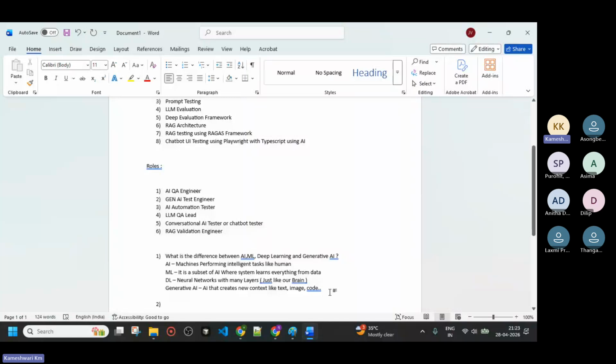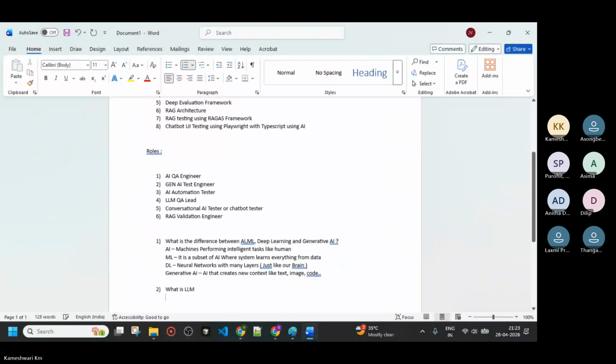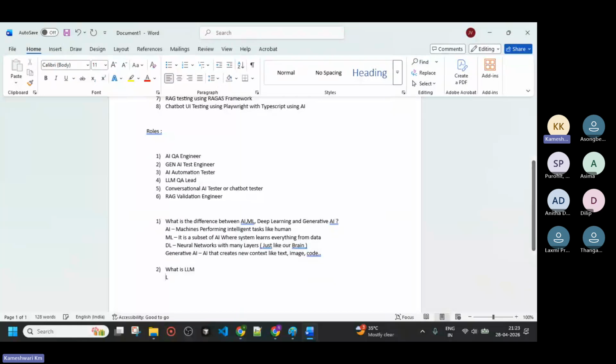The second question mostly people will ask: what is LLM? We have learned this, right? LLM stands for large language model.